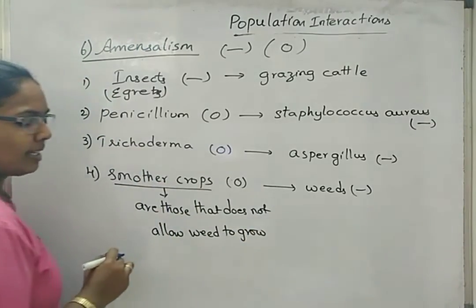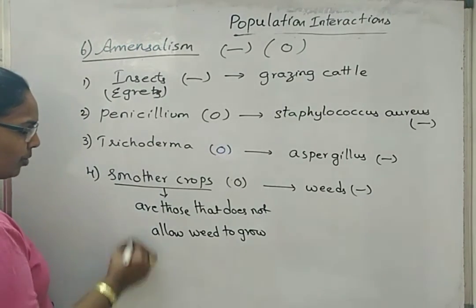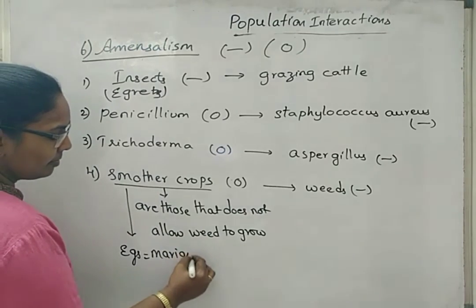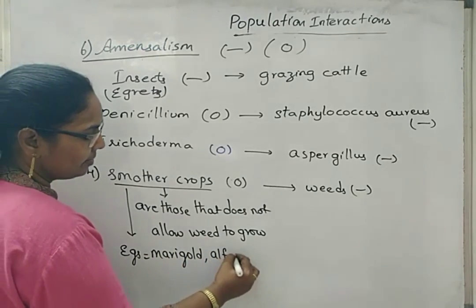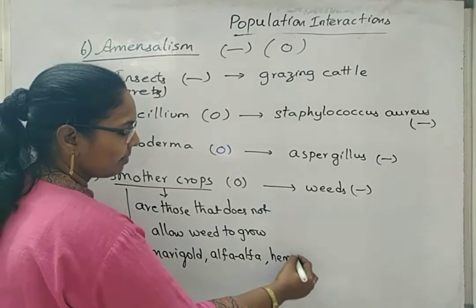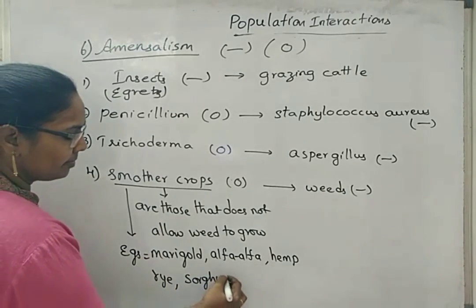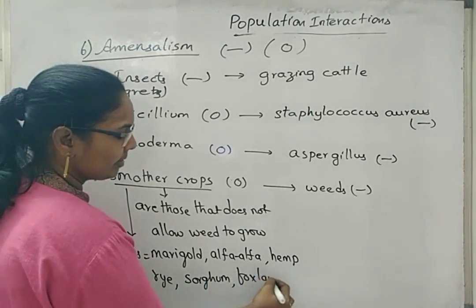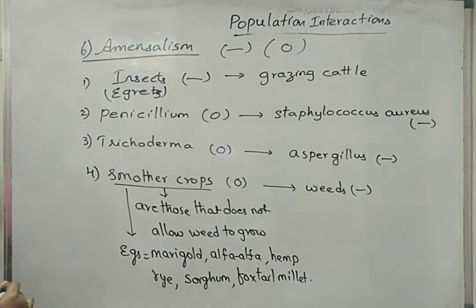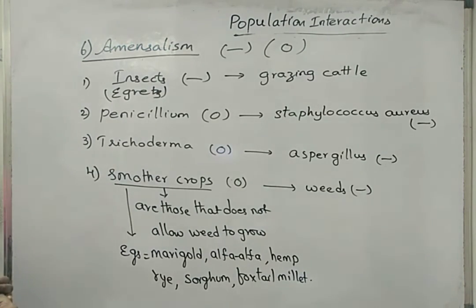Here we can take the best example that we see in gardens, that is marigold. So examples under smother crops are marigold, alfalfa, hemp plant, rye plant, sorghum, and also foxtail millet. So these are the crops that will not allow the weeds to grow in their premises. So these are the few examples of amensalism.